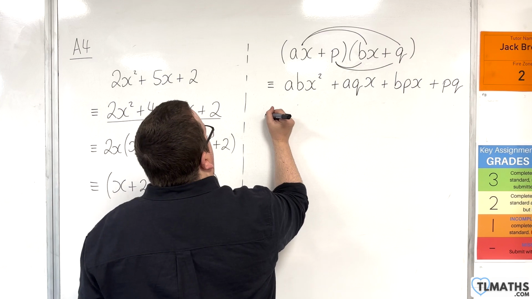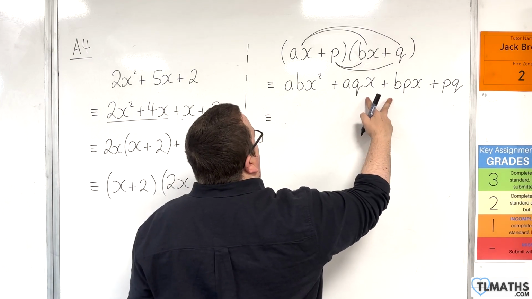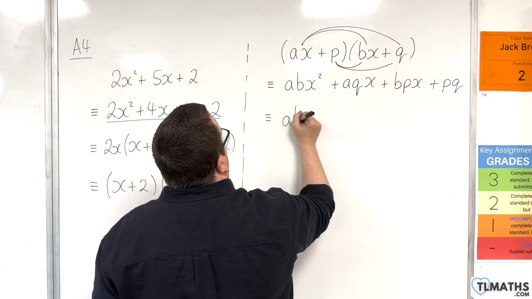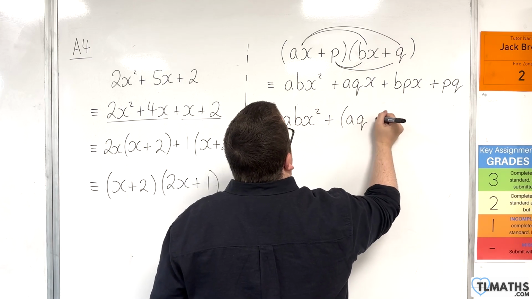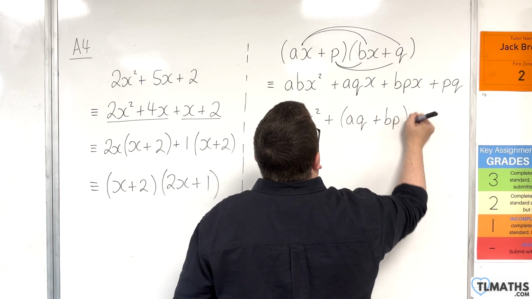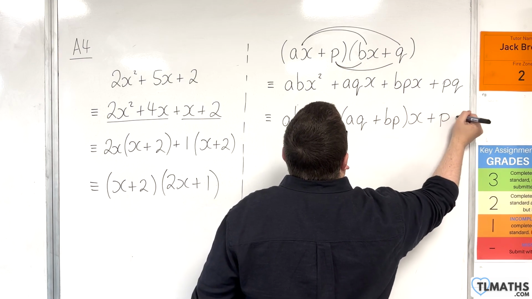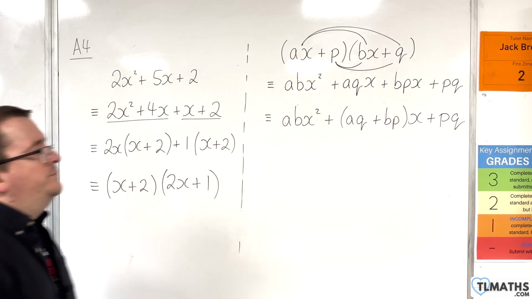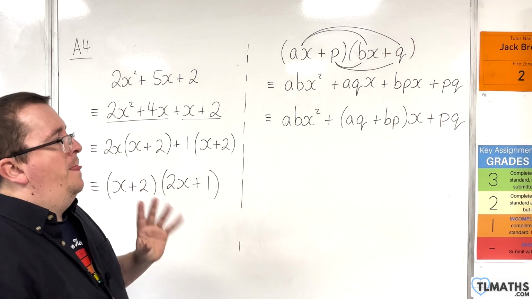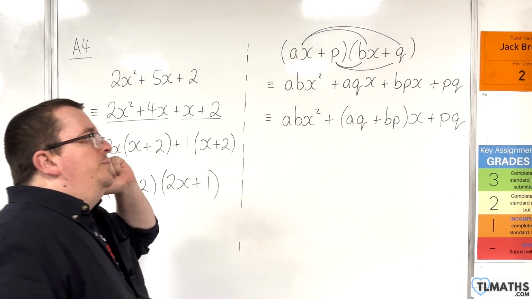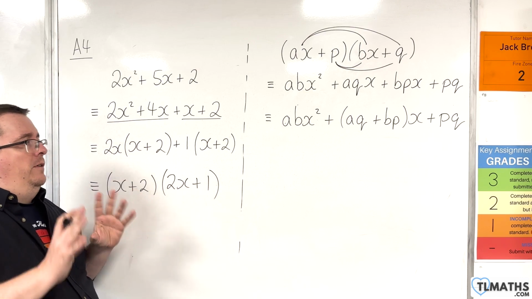Okay, and if I factorise those two terms in the middle, I can factor out the x, and I'd have (aq plus bp)x, and then I've got the plus the pq on the end. Okay, now this is looking potentially horrible, okay? Now, don't worry at the moment though.